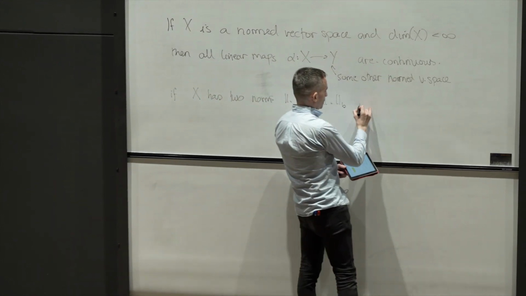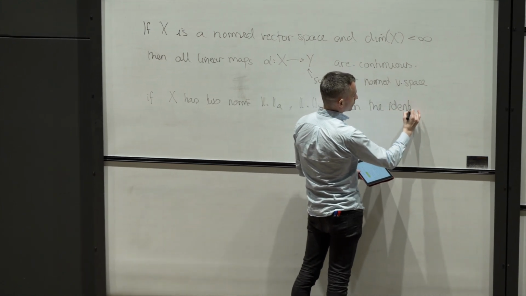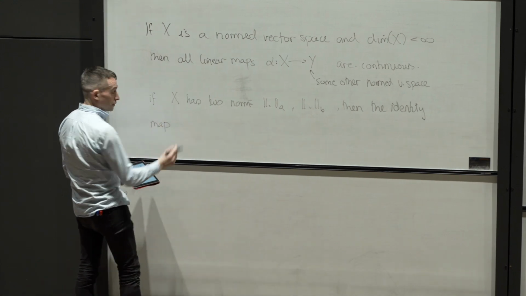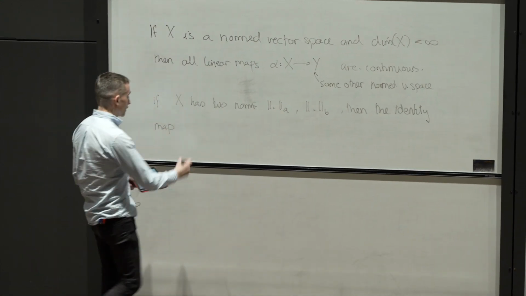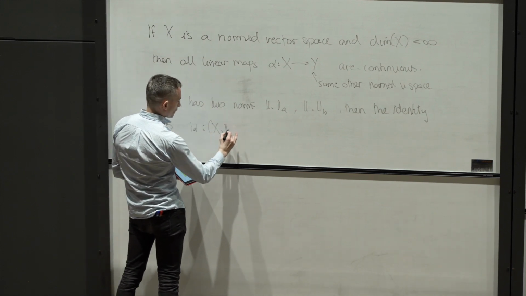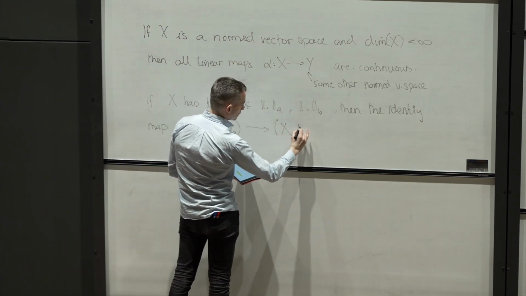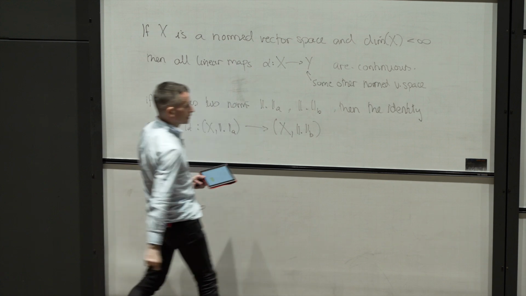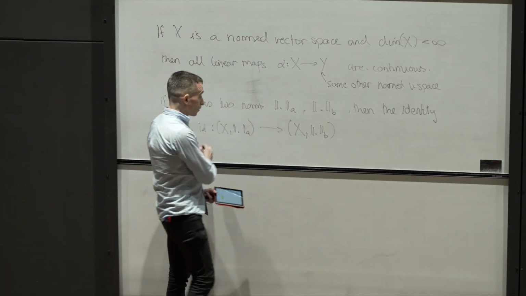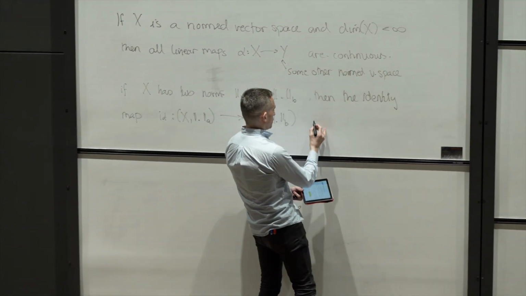And the identity map, the linear map that's just the identity on vectors, you can think of as a map from this normed space to this normed space, and it and its inverse, which is also just the identity, are automatically continuous when X is finite dimensional.